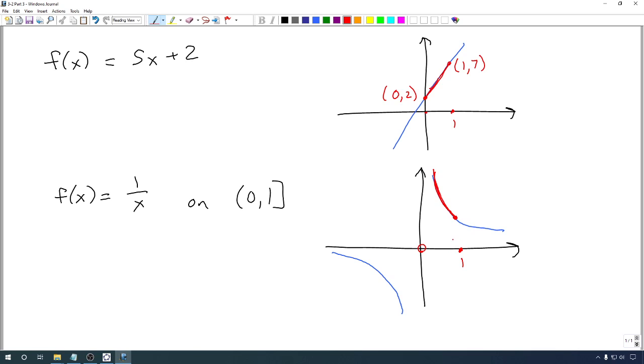Now there is an absolute minimum at 1. It is at its lowest point, but there is no absolute maximum. This function continues to go higher and higher as we get closer and closer to 0. So what we're going to have to find is some sort of condition that's going to guarantee that we do have absolute extrema.